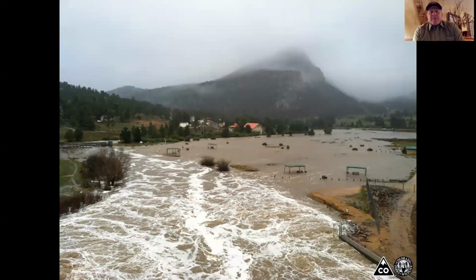In contrast, back in 2013, if you were around the Front Range, we had some massive flooding. This is just below Estes Park on the Big Thompson River, and what it looked like during the 2013 flood. Notice the area to the right of the photo. There's that huge area of water inundating a floodplain.